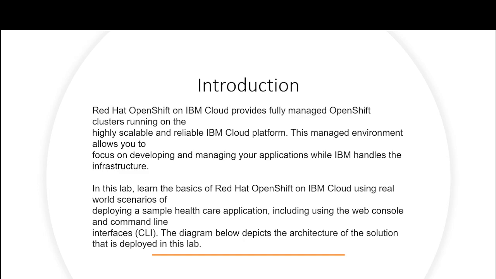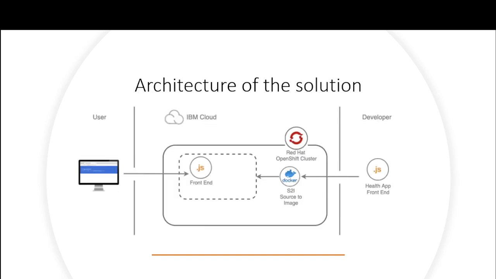So what we are going to do is deploy a sample healthcare application, which includes a web console and a command line interface. Okay, and I'll show you the diagram. This is the architecture of the solution that we are going to deploy. It's going to be deployed on the IBM Cloud, and the front end will be Node.js.